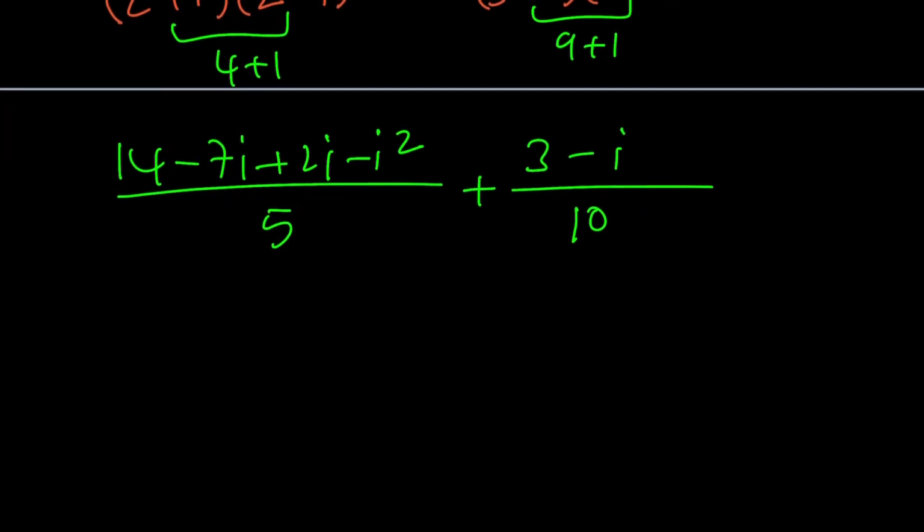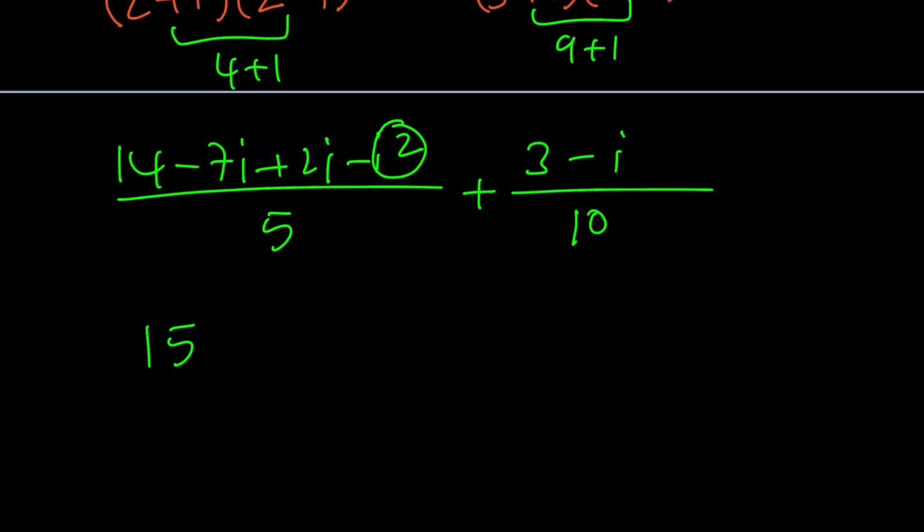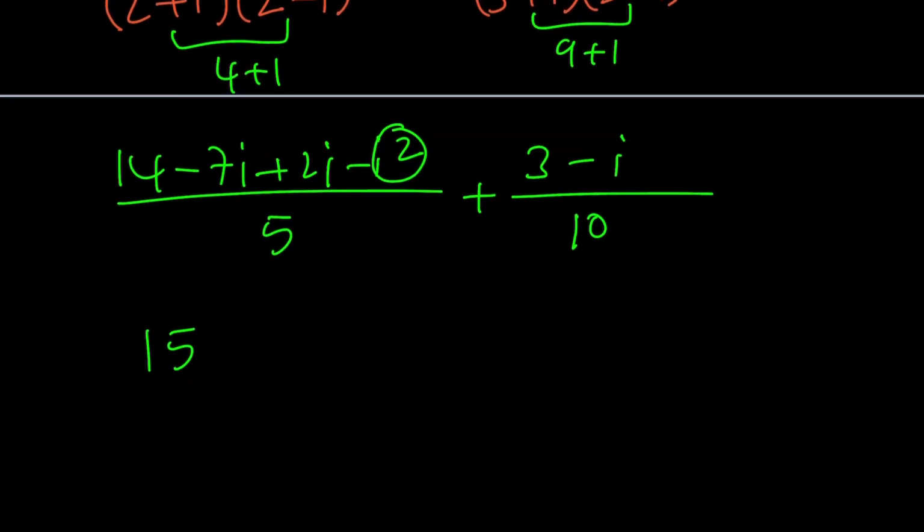Now, negative i squared. i squared is -1, so negative i squared is going to be +1. 14 plus 1 is 15. Get used to adding or subtracting i squared, because you're going to do this a lot. And sometimes, maybe most of the time, it would be very beneficial if you could do this mentally. I know you're going to get used to it if you haven't done so already. Anyways, negative 7i. Again, I'm talking too much, so I've got to slow down.